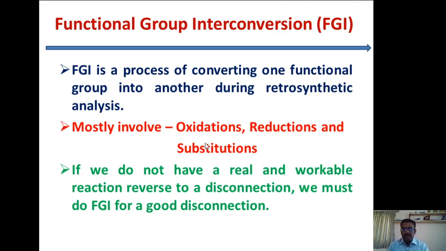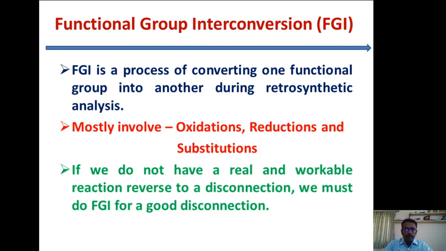We already said that whenever we do a disconnection, when you do the forward reaction it should be a workable reaction. That means the bond we broke should be formed easily, from known chemistry, an already known reaction. Otherwise there is no meaning in breaking the bond.